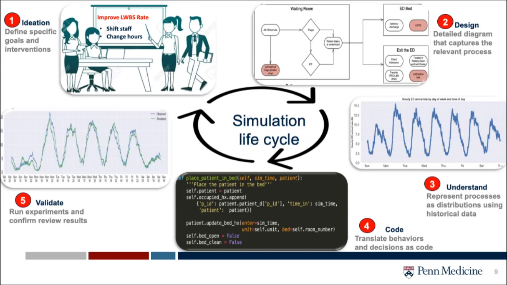Once we have that, then you start coding. Our product, the digital twin, is written in Python, and it's got functions and classes and data dictionaries and distributions that represent those mechanisms in our design and the data distributions in our understanding. Once we've built that, we have to validate that the results that come out of the simulation, at a base level, can match what is real.